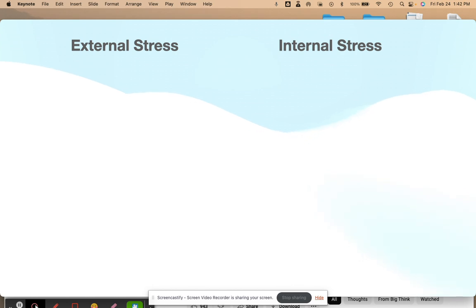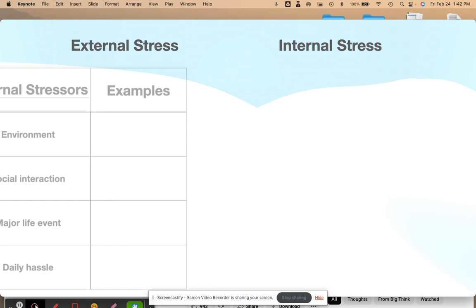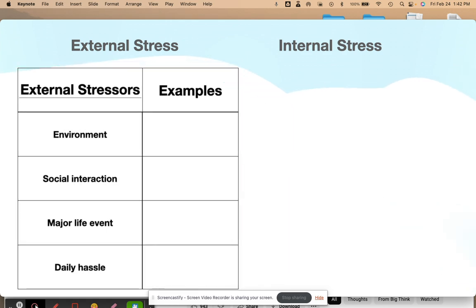Clearly, external stress is things outside of you, including the environment, social actions, major life events, daily hassles. And as we discussed in the first lecture, while we can't always control these things, we certainly have the ability or the capacity to control how we react to these things. And that was really the key.